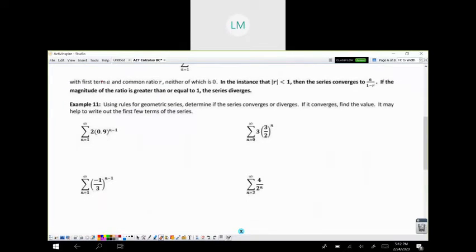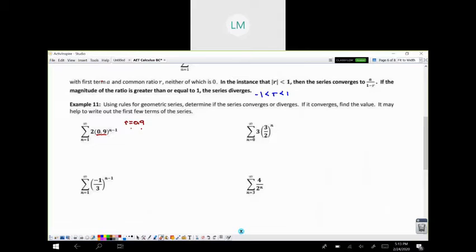So that means for the series to converge, r is going to be between 1 and negative 1. Now, when you're setting these up, this number in the parentheses is your r. So r equals 0.9, which means my absolute value of r is less than 1.